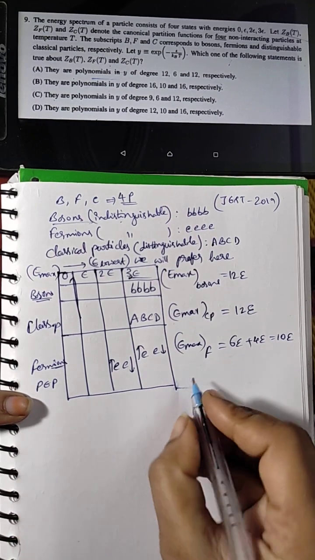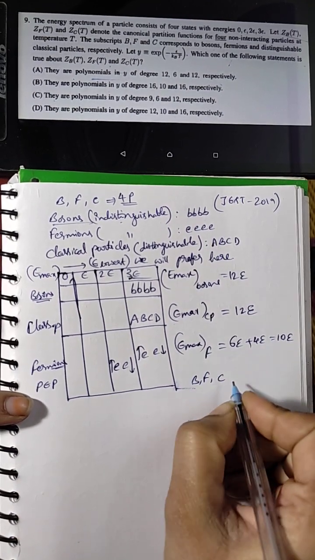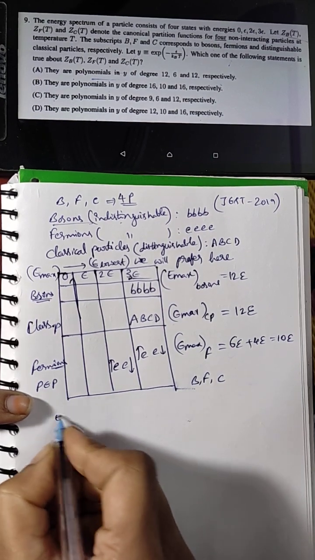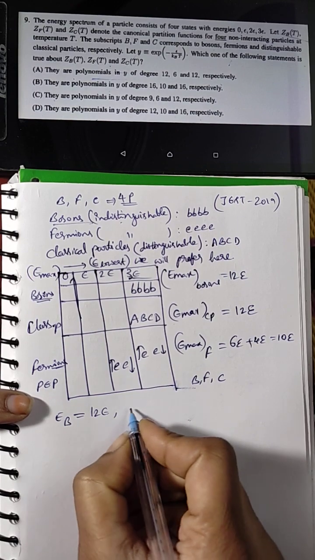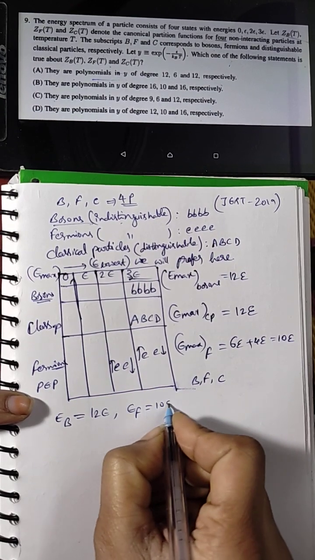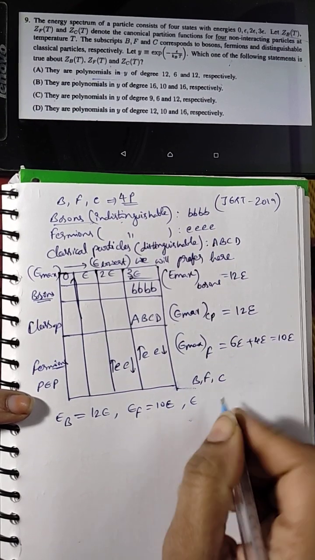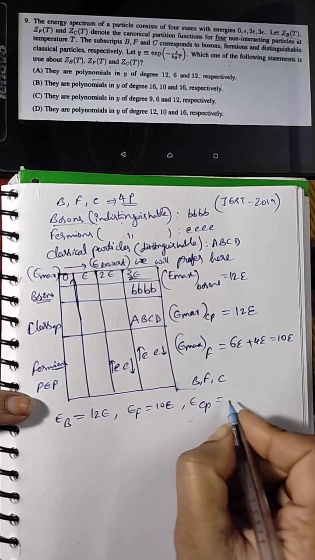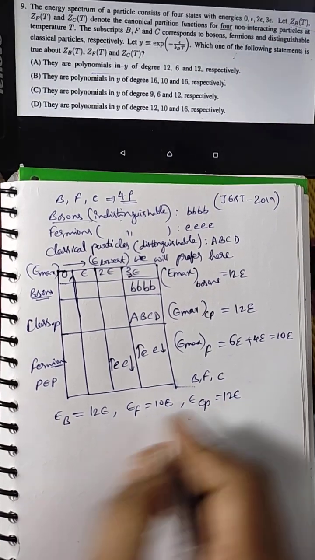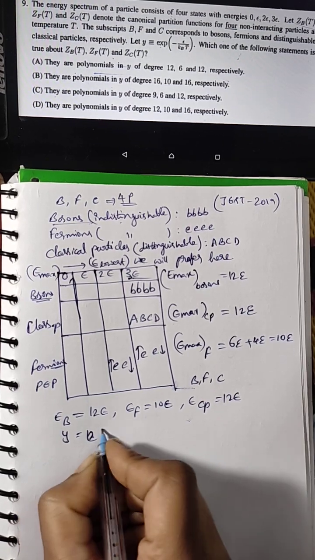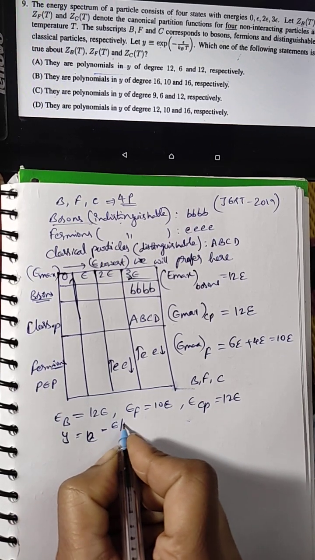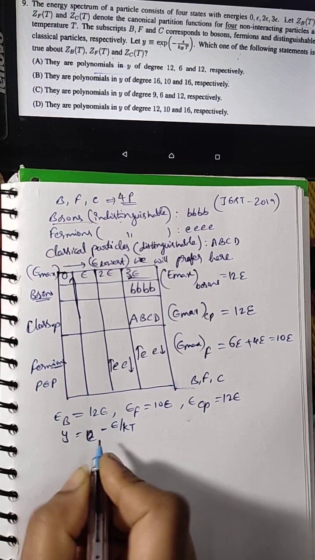So the order they gave is BFC: boson, fermion and classical particle. The energy of boson is 12E, the energy of fermion is 10E, and the energy of classical particle is 12E, and they gave the y value, y equals exponential of minus E by kT.